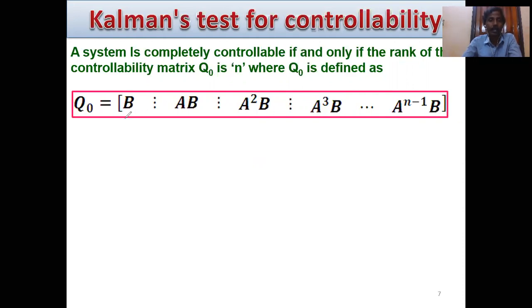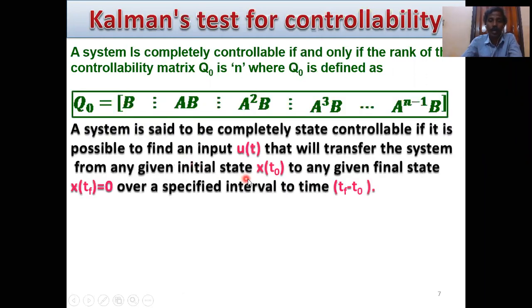This is the condition. So the controllability matrix Q equals B, AB, A square B, A cube B, dot dot dot, A to the power n minus 1 B. A system is said to be completely state controllable if it is possible to find an input u of t that will transfer the system from any given initial state x of t0 to a given final state x of tf equals 0 over a specified time interval tf minus t0.